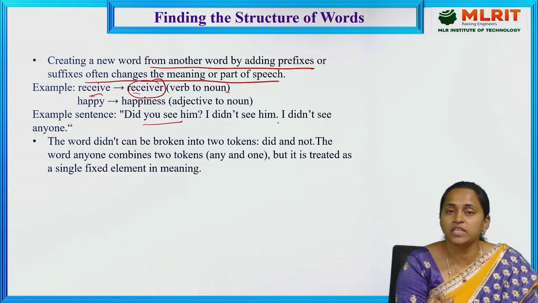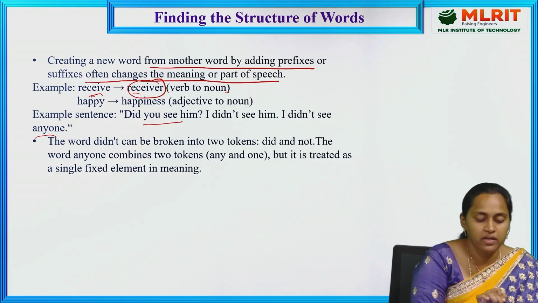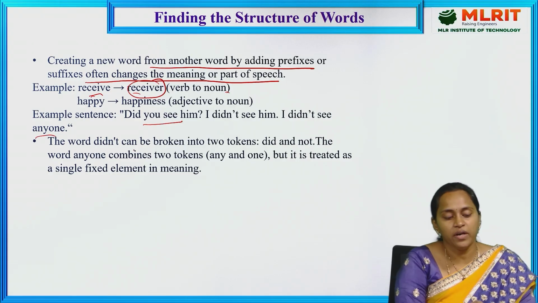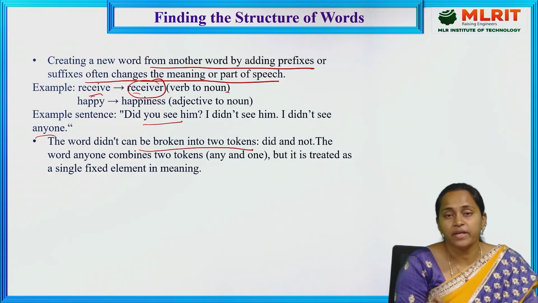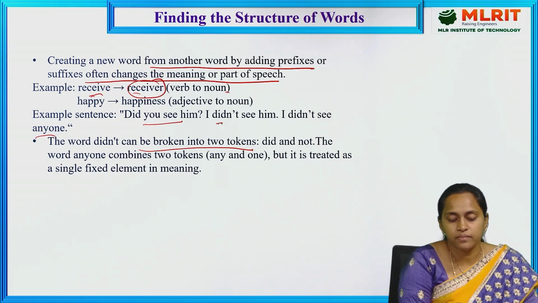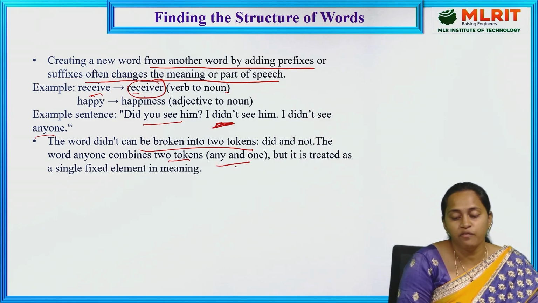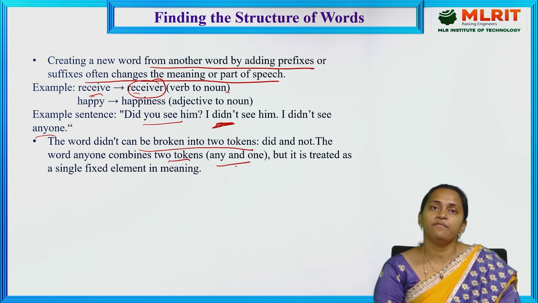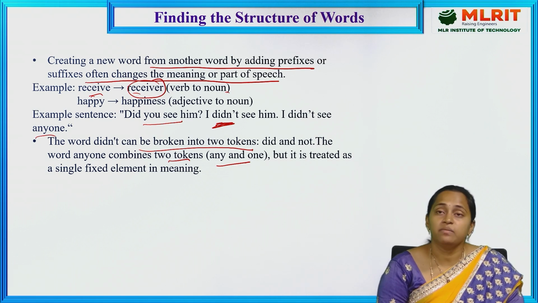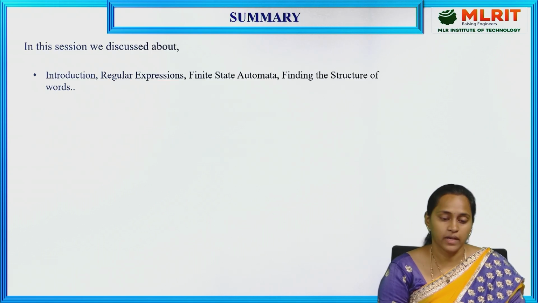I did not see him. I did not see anyone. In this sentence, did not can be broken into two tokens, did and not. Anyone can combine two tokens, any and one, but it has a single fixed meaning.